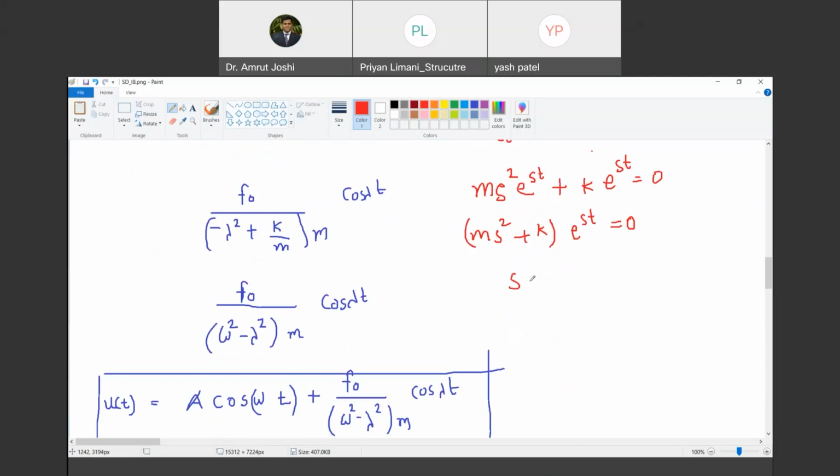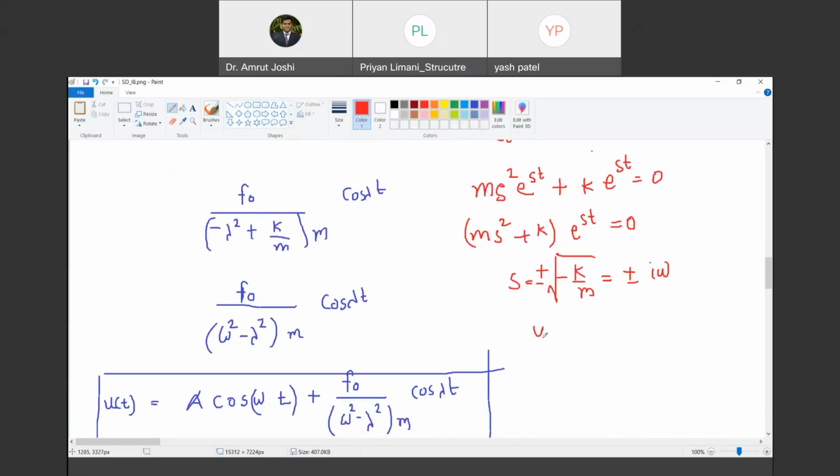So we get s as plus or minus square root of minus k by m, and we got two roots. We know that this square root of k by m is omega, and square root of minus 1 is i. So therefore we say that s1 or 2 is equal to plus or minus i omega. Are you with me? So once s is equal to plus or minus i omega, what is the solution that we have?